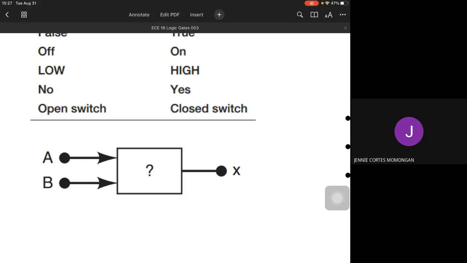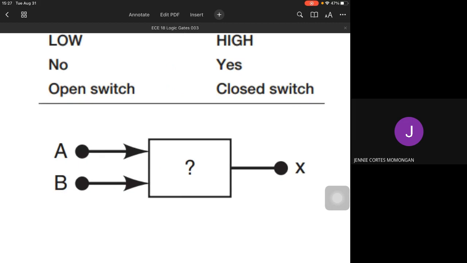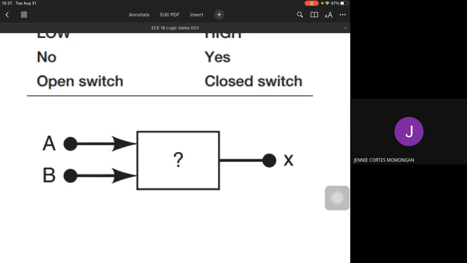We don't know how many devices are in our system, or the process taken to transform the inputs to the output. We don't know yet. Our inputs are represented by A and B. So clearly, we have two inputs, A and B, and then one output, which is X. So that's a simple drawing of a digital system.